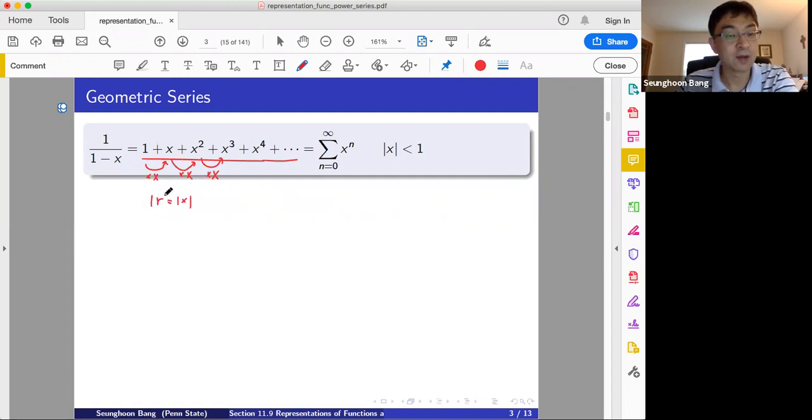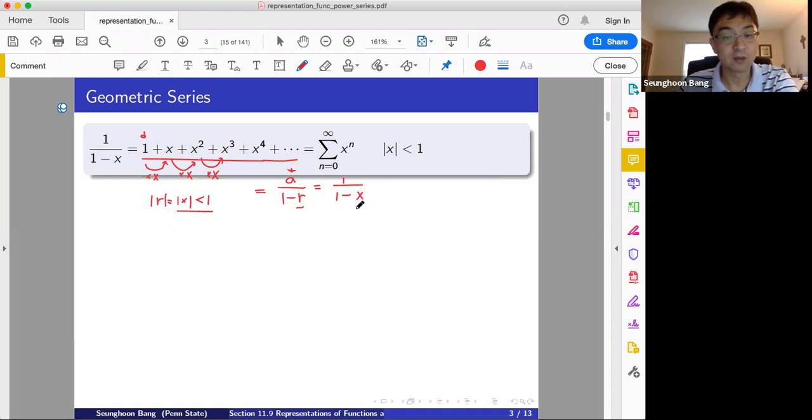So take the absolute value. When do you have a convergent result from the geometric series? The absolute value of the common ratio is less than 1. We have a convergent number. The convergent number is the first term over 1 minus the common ratio r. In this case, the first term is 1, and 1 minus r is 1 minus x.